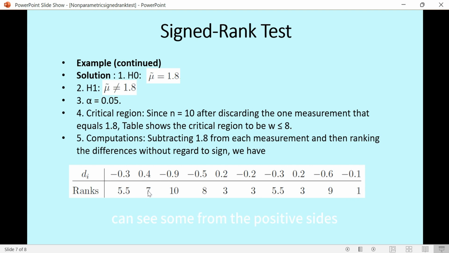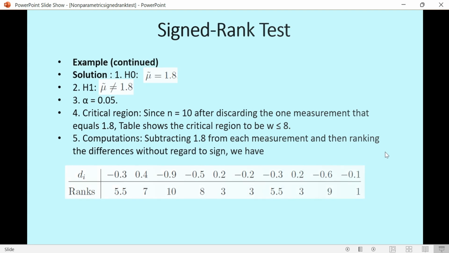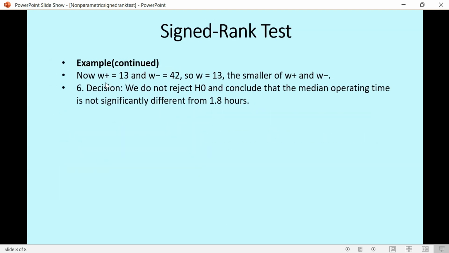You can see some from the positive side and more from the negative side. So we collect them into the positive side and negative side ranks.